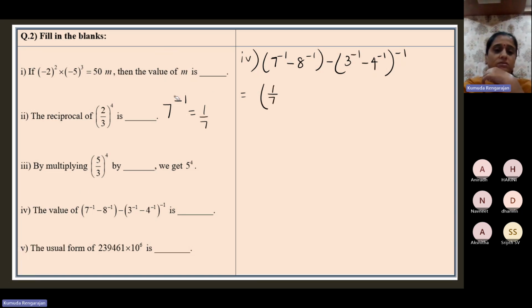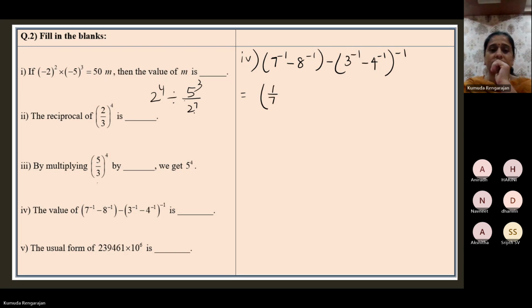All of us? Yes, ma'am. We should always write the equivalent only. We should never write the reciprocal. When to write the reciprocal? Only if they ask you to write the reciprocal. Or in a situation like this, for example, you have 2 to the power 4 divided by 5 by 5 cube by 2 to the power 7.